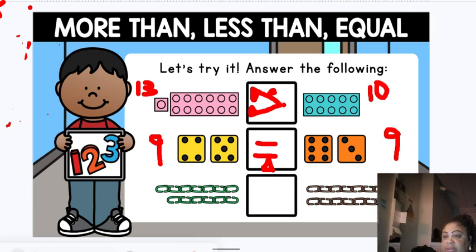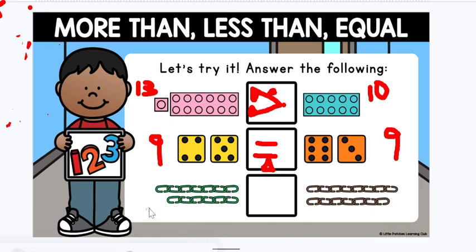All right, now let's go to the last one. Let me move my screen. All right, we have paper clips. How many? 13 paper clips on this side. 13.